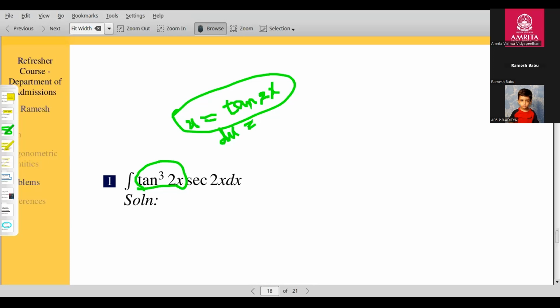So you substitute here: sin x is equal to 2 tan x by 2 divided by 1 plus tan squared x by 2. That is for sin x. For cos x, 1 minus tan squared x by 2 divided by 1 plus tan squared x by 2. Write it down.